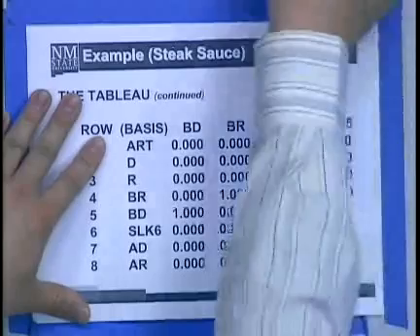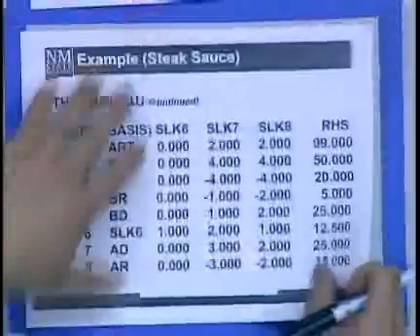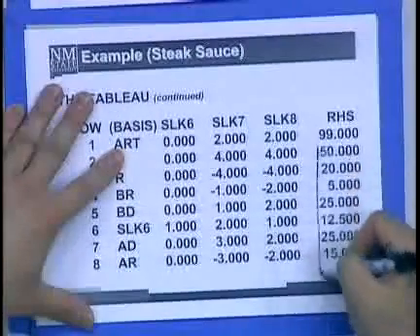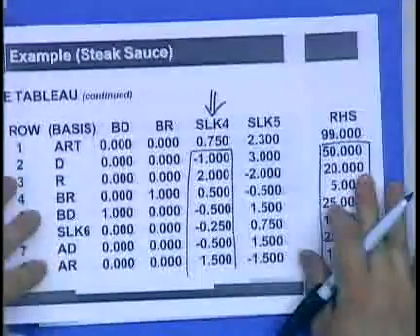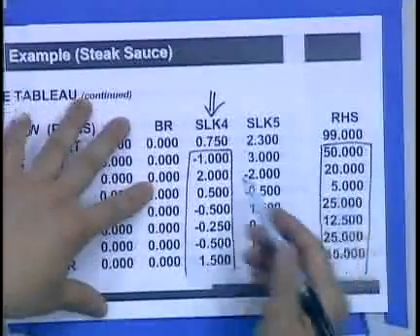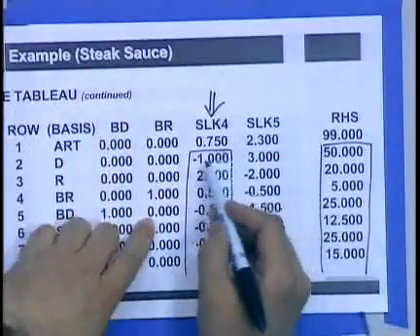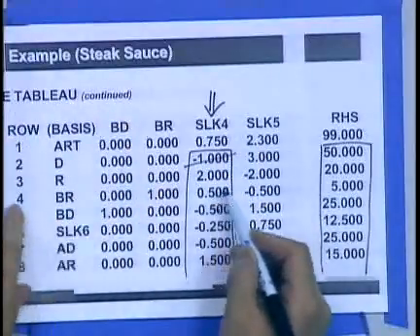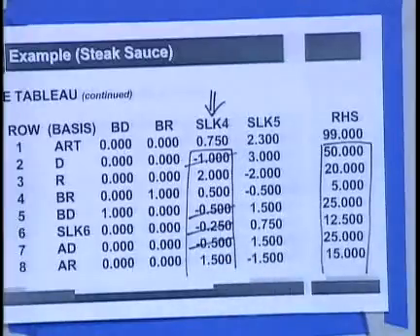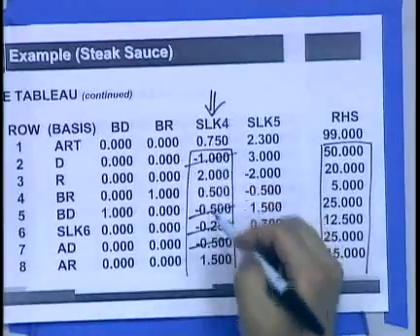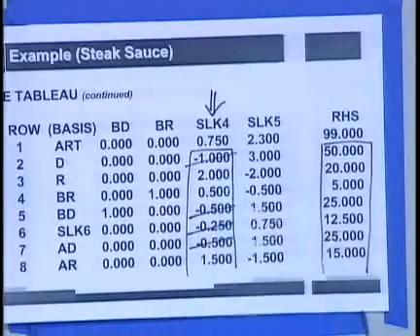These are the substitution rates, and these are the right-hand side values, right? However, rows 5, 6, 7 will not be considered because they have negative substitution rates, right?